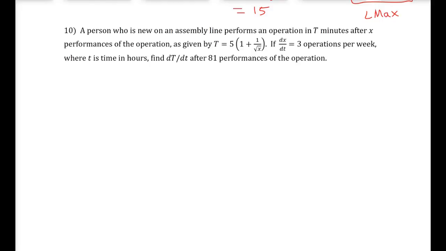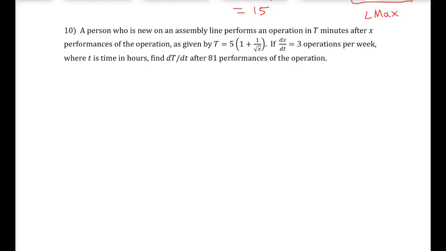And it says if dx over dt is equal to 3 operations per week, or if we translate that, if the number of performances of the operation increases by 3 operations per week, where t is time in hours, then we want to find what is d of big T over d of little t after 81 performances of the operation.